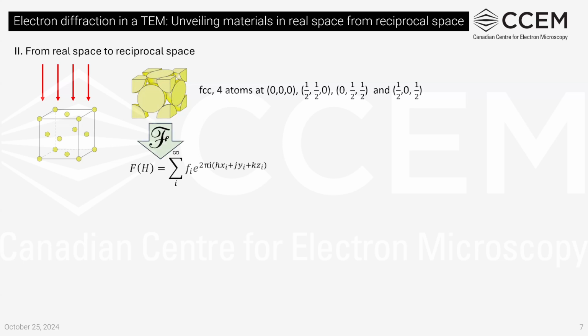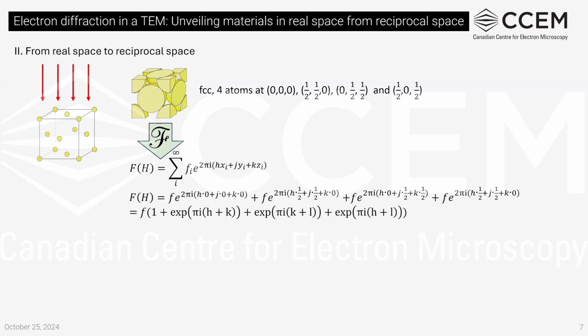Remember the summation of the Fourier transform of each atom. Let's put the coordinates of the 4 atoms inside, and we get a result in reciprocal space. The math tells us that if the Miller indices HKL in reciprocal space are either all even or all odd, we will get constructive interference, that is to say, a diffraction spot.